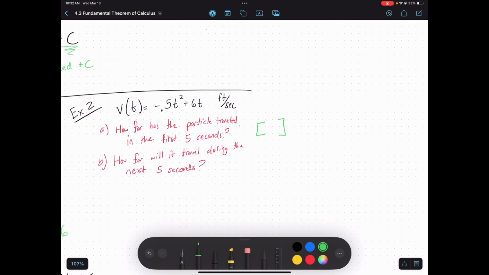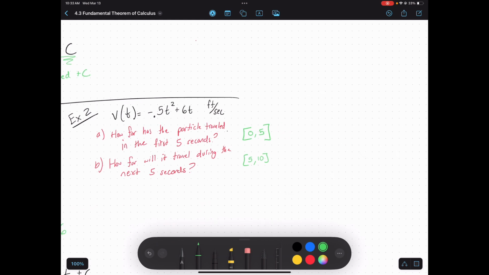If I'm looking at the first 5 seconds, I'm going from 0 to 5. What about part B? What are the next 5 seconds? 5 to 10. So in both of these cases, I have bounds. I have specific t values that I'm going to start at and a t value that I'm going to end at. So that makes this a definite integral.